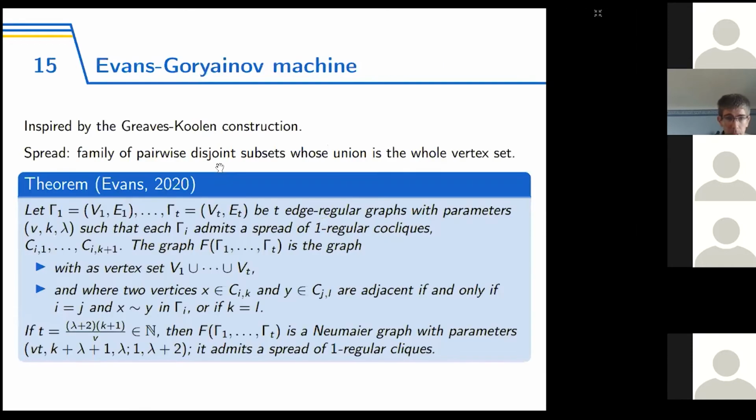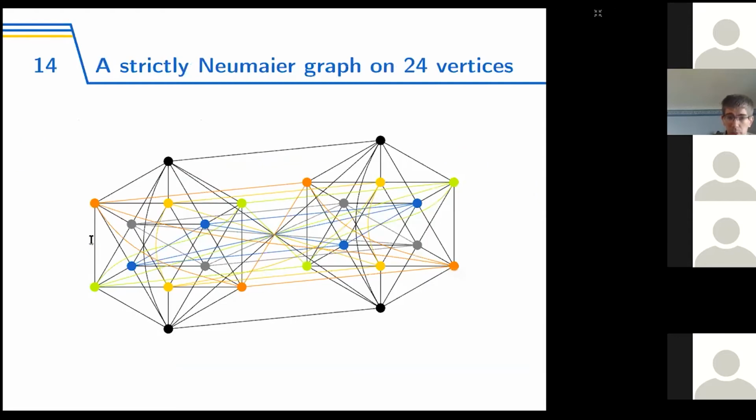And you could do this actually a bit more generally than what they described. So the idea was inspired by their construction. It was more generally described by Abiad and coauthors, well, last year. And the idea is that you start from a number of graphs which are edge regular and have the same parameters as edge regular graphs. So here I took 2 copies of the same graph, but they don't have to be copies actually.